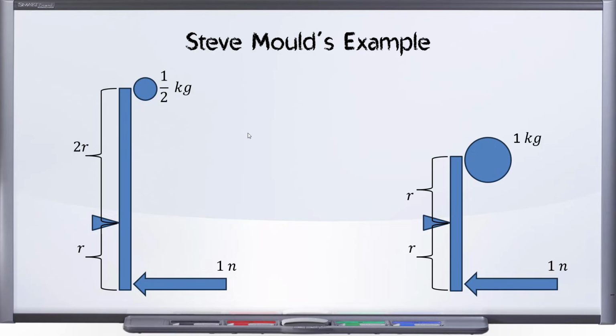Continuing with the thought experiment, if we apply a 1 Newton force to the bottom of our lever, some acceleration occurs and we'll end up with a velocity. Let's call that velocity v. The 2-to-1 moment arm ratio says that if we have 1v on this end, we'll have 2v on the other end.